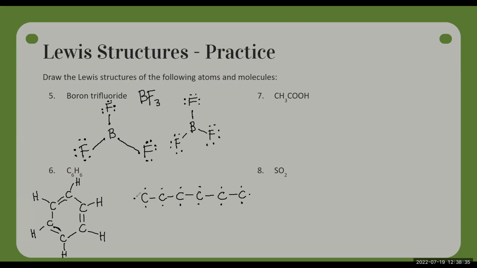So another possible structure is I can just throw in a hydrogen here and bond it. I can form another bond right here. So that will make a double bond. And then we can throw in another hydrogen right here. And then another one we can throw in is another hydrogen down here.